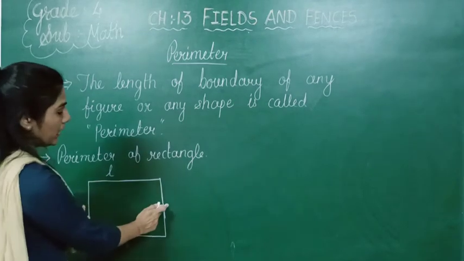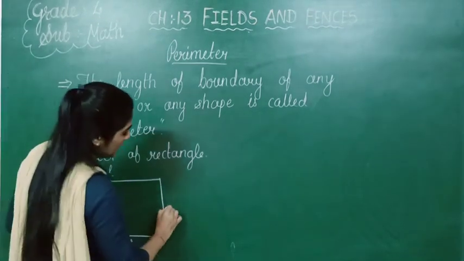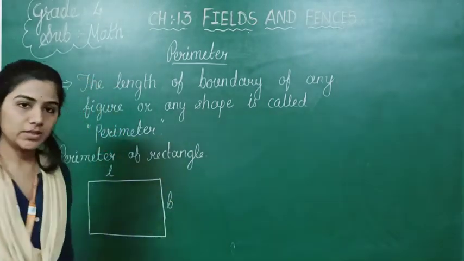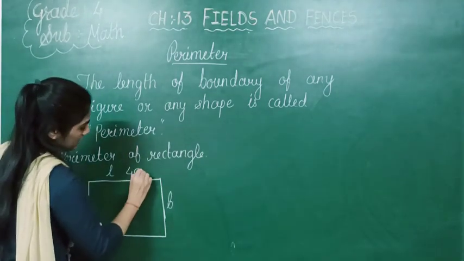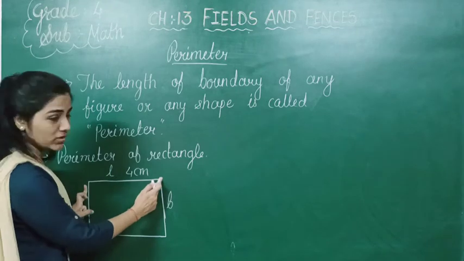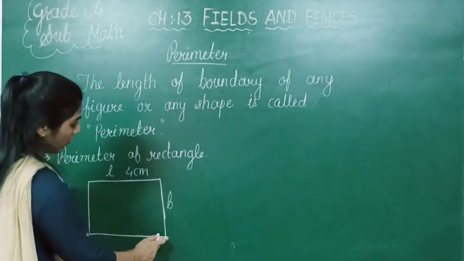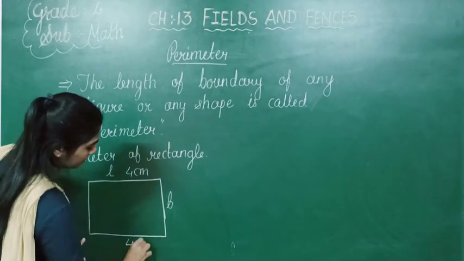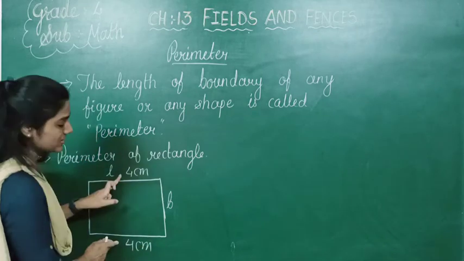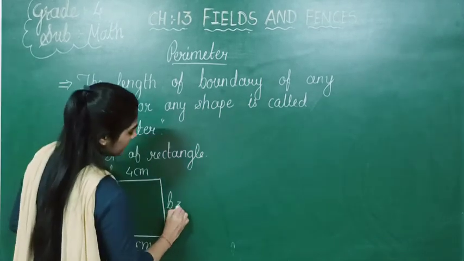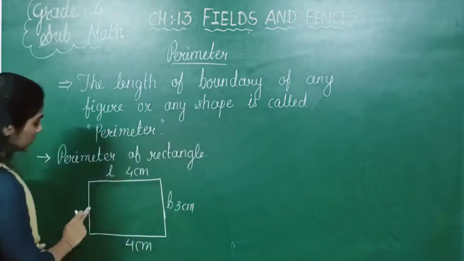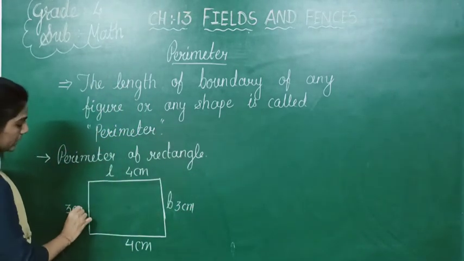And these two parallel sides are the same, and we are indicating this as the breadth. So suppose I am writing here 4 cm, means this length is 4 cm. So this is also 4 cm because these two are the same. Now suppose I am writing the breadth as 3 cm. So this is also 3 cm.